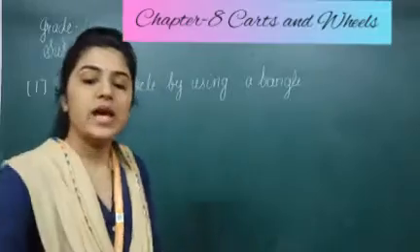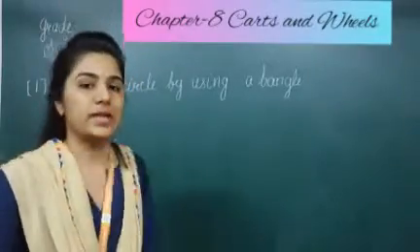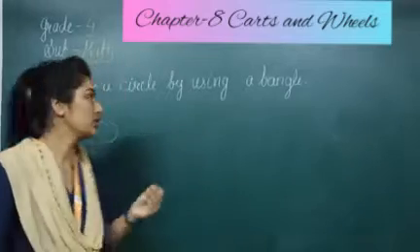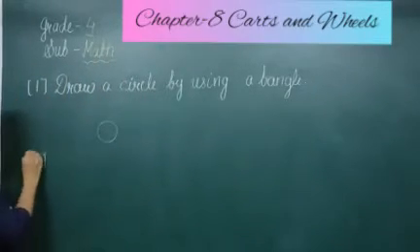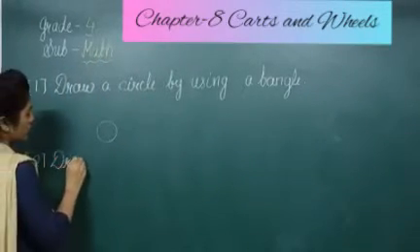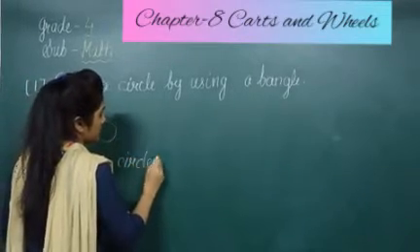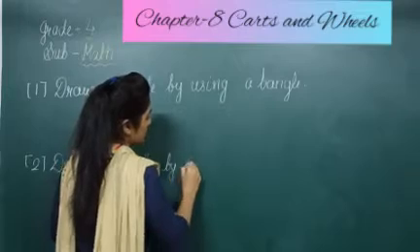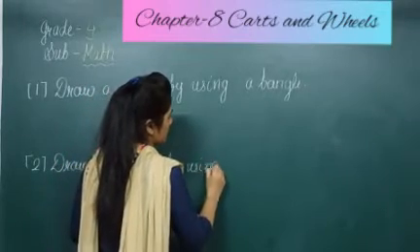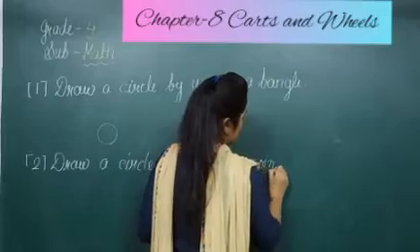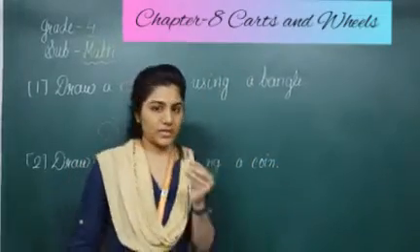Likewise, I am using this coin. Second one is with the help of a coin. We have to make the circle. Number 2 is draw a circle by using a coin. So already coins तो सबने देखी होंगे.